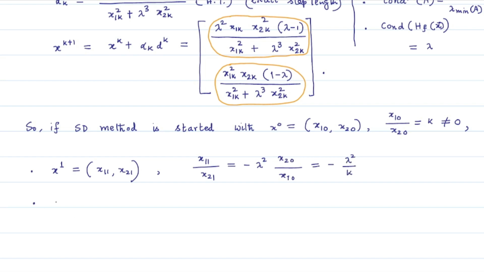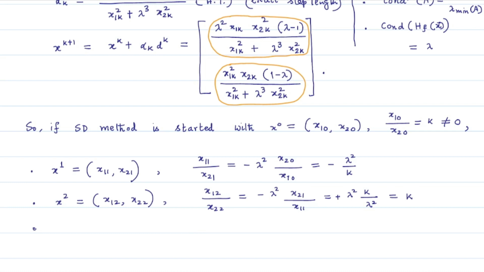Then further, for the next iterate x2, having coordinates say x12, x22, we have x12 divided by x22 equal to minus lambda square times x21 divided by x11, which is equal to minus lambda square times k divided by lambda square, positive here. This is equal to k.